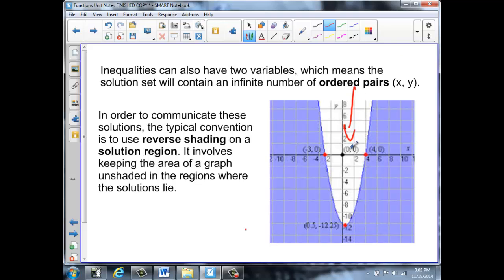The answers are in the middle. These are actual answers. And the blue section is not answers. That's typically the convention we use in math, and I'll try to show you why later. But the idea is we try to shade where the answers aren't. Actually, maybe I'll show you why we do that right now.